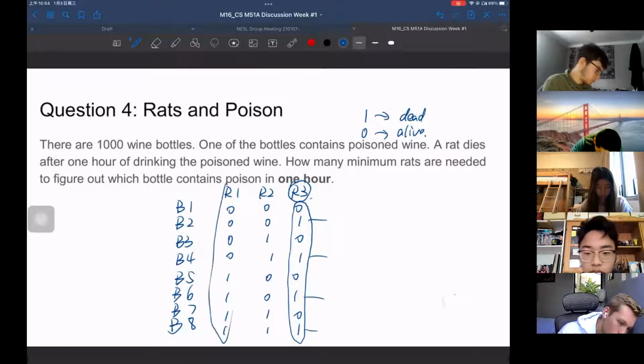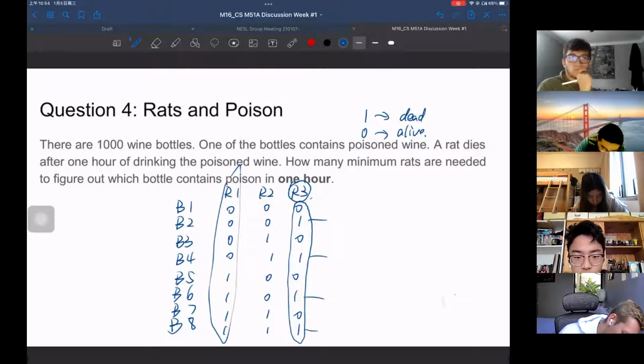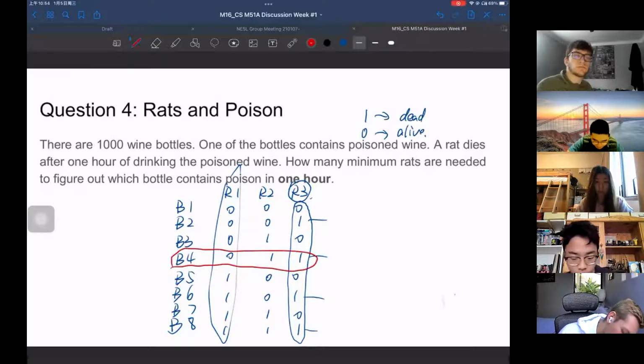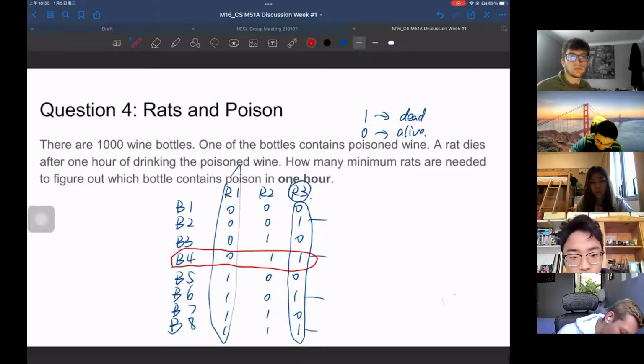Similarly, rat 1 is going to drink 5, 6, 7, 8. That makes sense, right? Let's take an example. After all the tests, we got this result, which means R1 is alive, R2 is dead, R3 is dead. Then which bottle is poisonous?